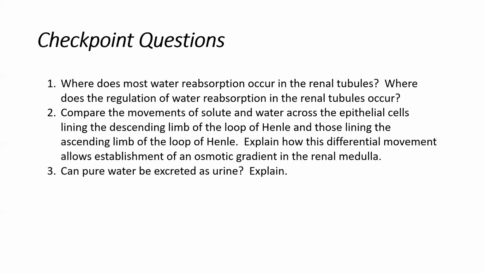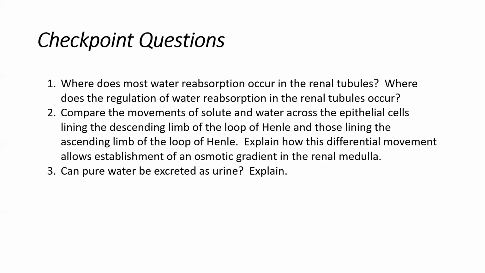So we talked about the establishment of the medullary osmotic gradient, and this is just the gradient of the osmolarity of the tubular fluid from the cortex, where the proximal tubule and distal tubule are, to the medulla, where the very tip of the loop of Henle is. And the establishment of this gradient happens because of the differing permeabilities.